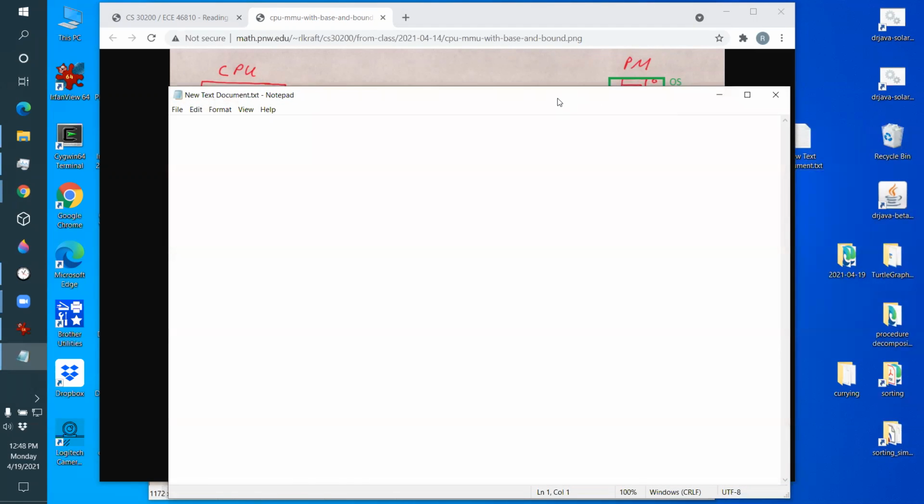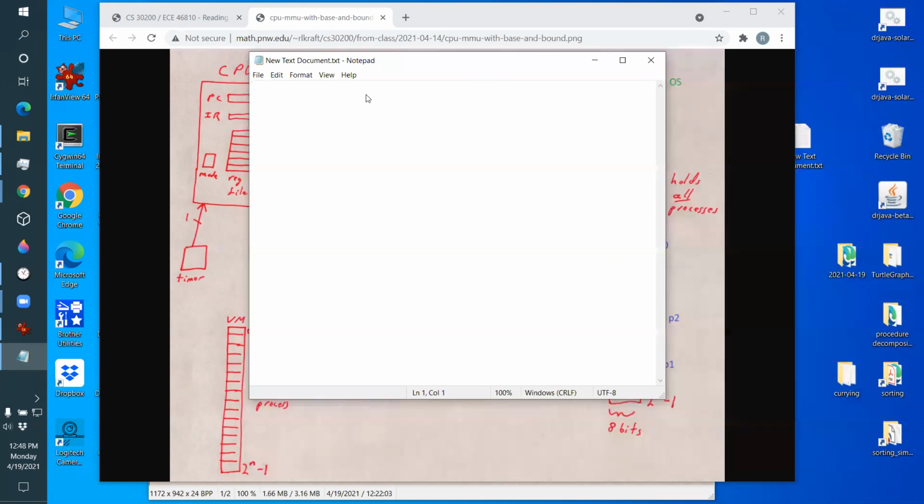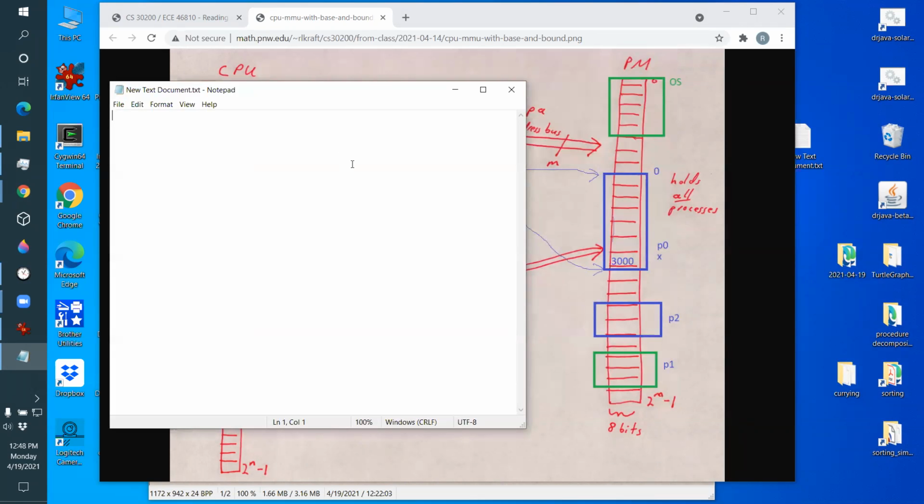If you use base and bounds, one advantage is something called solving external fragmentation by relocation. External fragmentation is these chunks of memory you see loose over here.